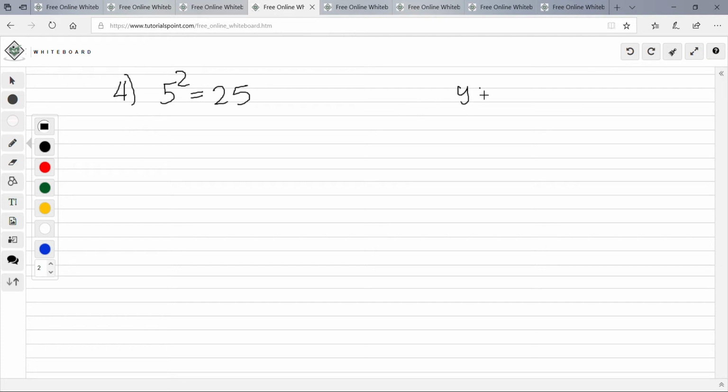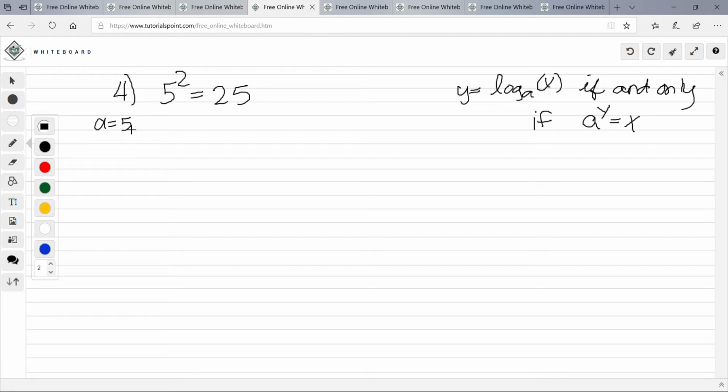I'm going to write it again: y equals log base a of x if and only if a to the y equals x. Okay, same rule, we have to put it in logarithmic form. So 5 squared equals 25 looks like a to the y equals x. We just have to figure out our a.